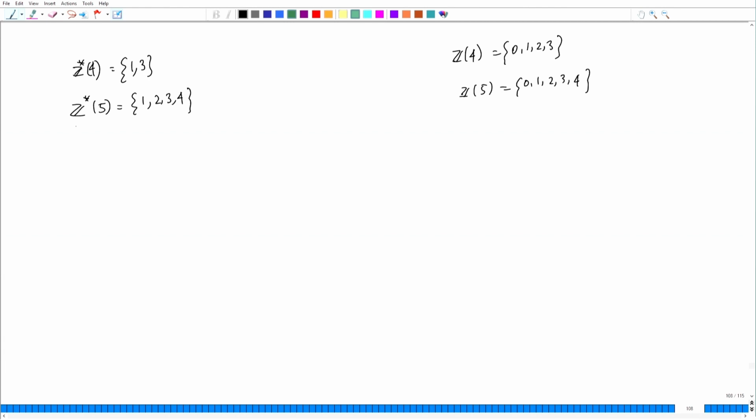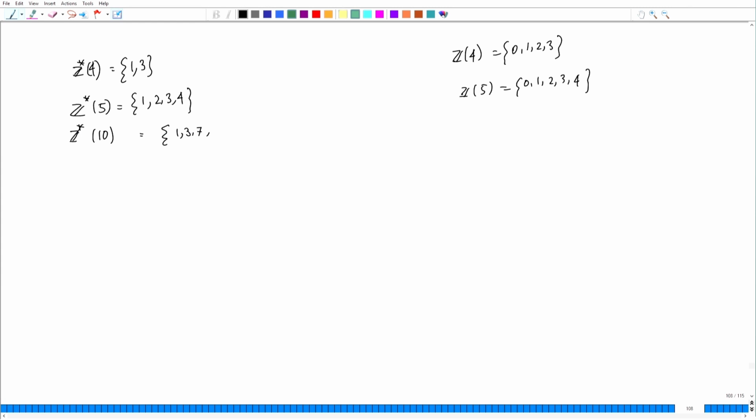Similarly, if you look at Z star of 10, this is equal to, of course, 1 would be there and then 3 into 7. So, 2 will not be there because whatever you do, you are going to get an even number, and 3 and 7 will come.